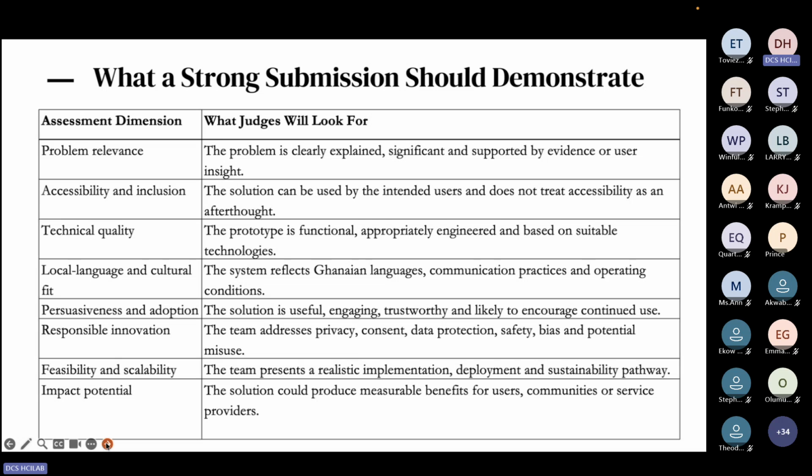Accessibility and inclusion is another assessment dimension. Here we are simply saying that your solution should be accessible. People with disabilities, or the intended users in general, should be able to use your solution, and it should not treat accessibility as an afterthought.